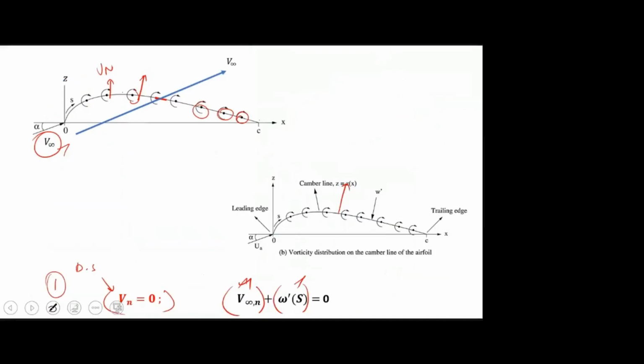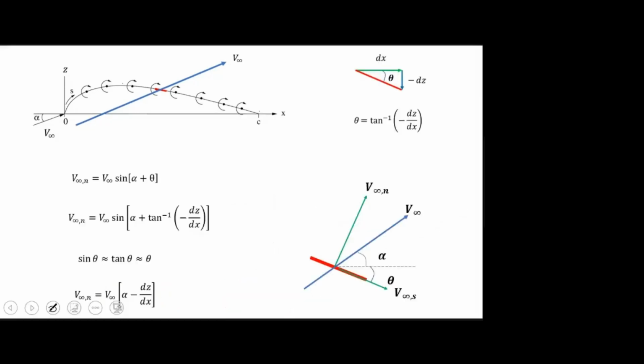Okay. So now we are trying to find the normal velocity of this camber line, which is due to the free stream on the vortex sheet. First, we will find it for this free stream. So this is the camber line. I'm just taking one reference point on the camber line. Here I'm going to find the normal velocity due to the free stream. This is the free stream flow direction. I'm just drawing one parallel line, free stream velocity.